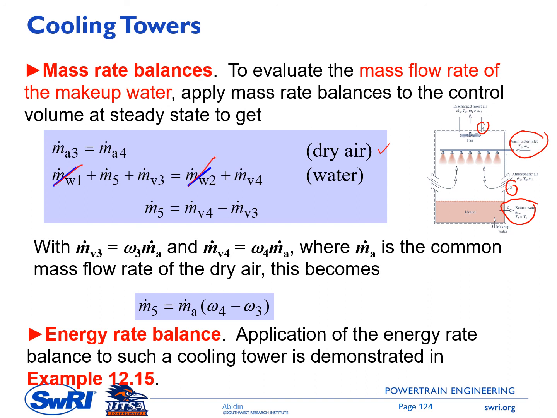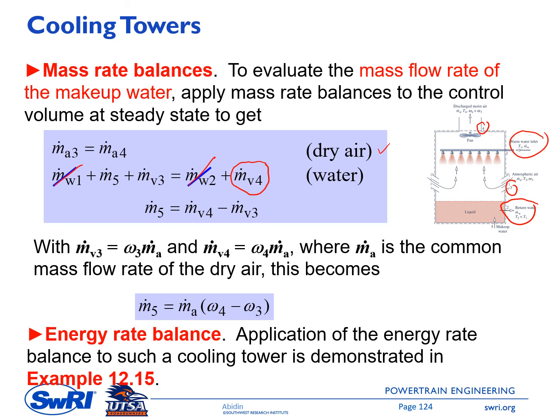And then we have m dot 5, the makeup water, plus m dot v3, the incoming water vapor along with the moist air. It is balanced by m dot w2 plus m dot v4, the outgoing water vapor through exit number 4.